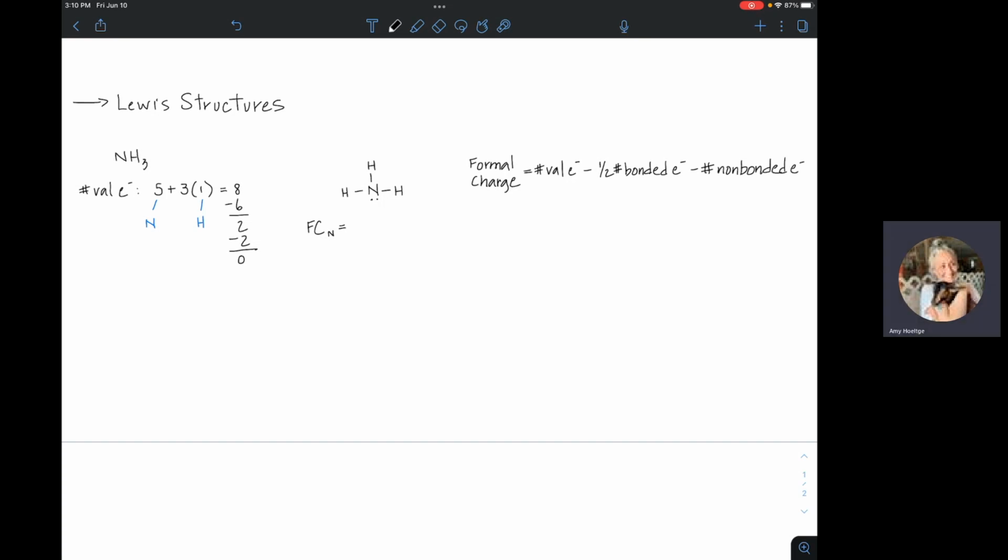You can also say, for main group elements, we could say this is equal to the group number, minus half the number of bonded electrons. Isn't that just the number of bonds, right, that you see, the number of sticks? So minus the number of covalent bonds.